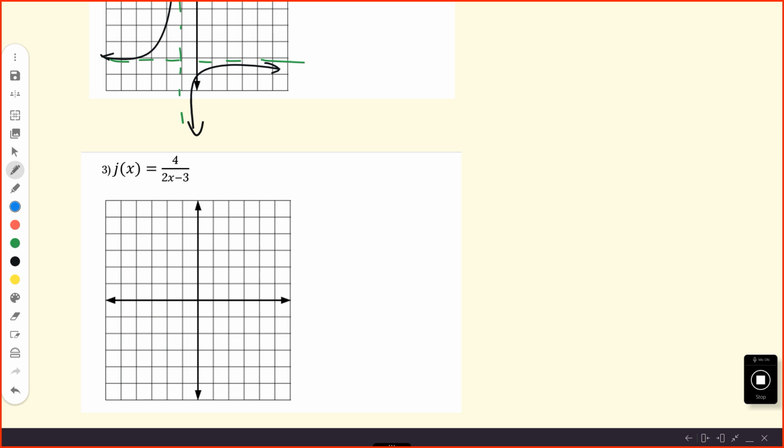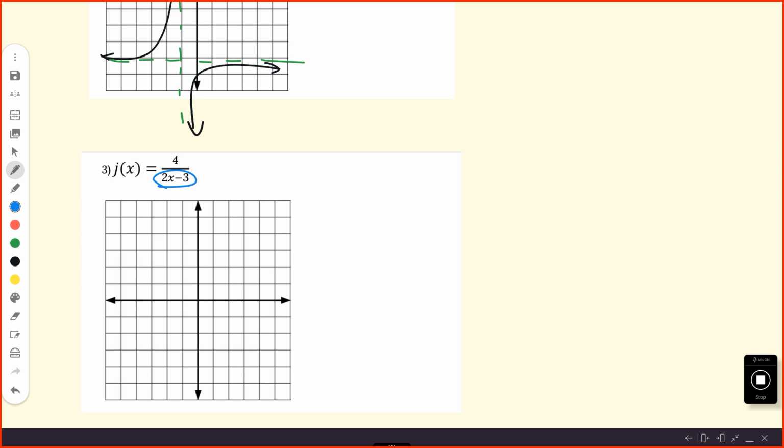Remember, class, when you find the vertical asymptote, you're going to use the entire denominator. So it's not just x equals 3 for the vertical. You have to use the 2 there. So it's still stretched by 4, but there's no k value. So that means the horizontal asymptote would be y equals 0.